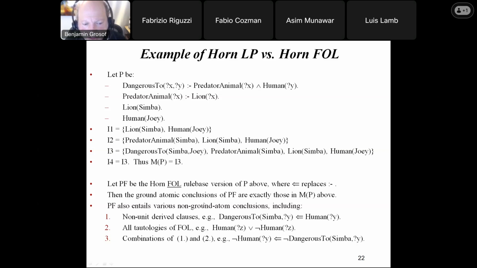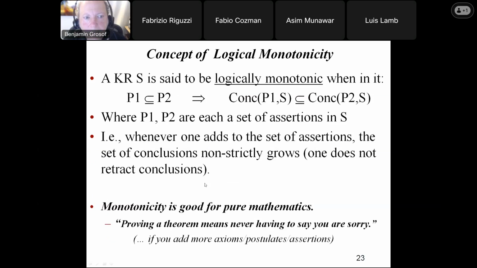PF also entails various conclusions that are not in the form of ground atoms. For example, so-called non-unit derived clauses, such as Simba is dangerous to Y if Y is a human. All the tautologies of first-order logic, such as that Z is either human or not human, and various kinds of combinations of non-unit derived clauses and tautologies. For example, that if Simba is not dangerous to Y, then Y is not a human.